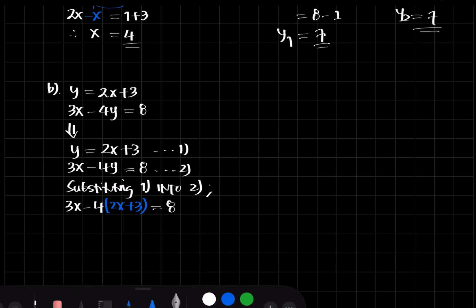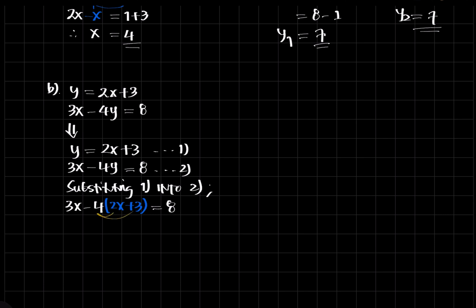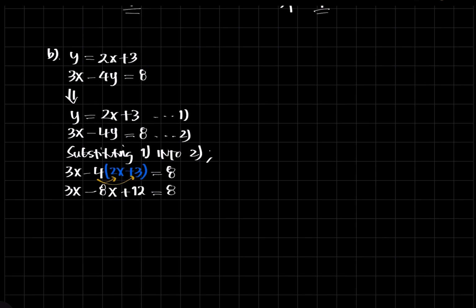Now you can expand. Then this is going to be 3x minus 8x plus 12 equals 8. So then this is minus 5x plus 12 equals 8. And then minus 5x equals 8 minus 12.